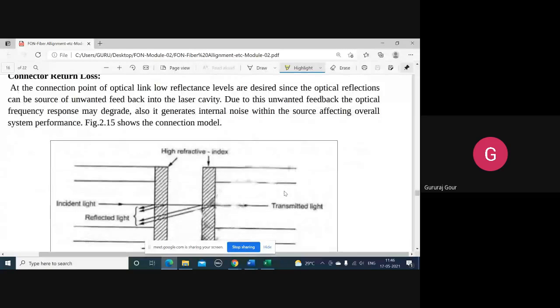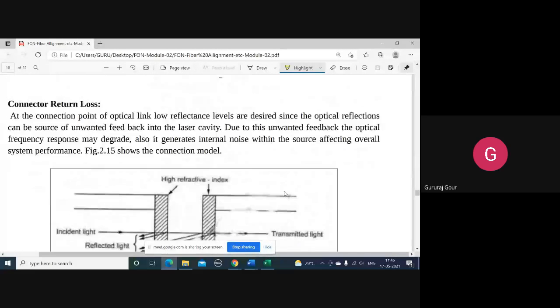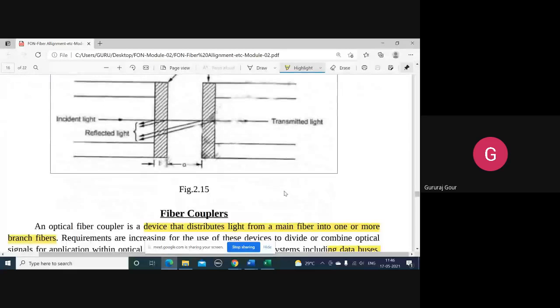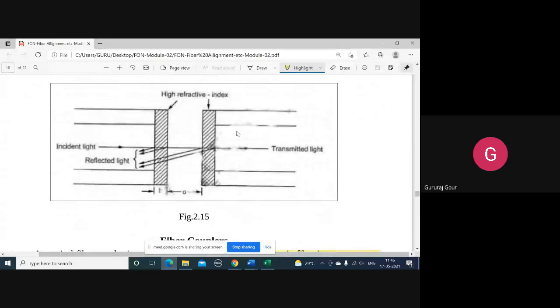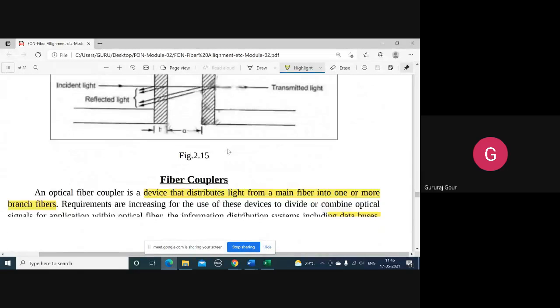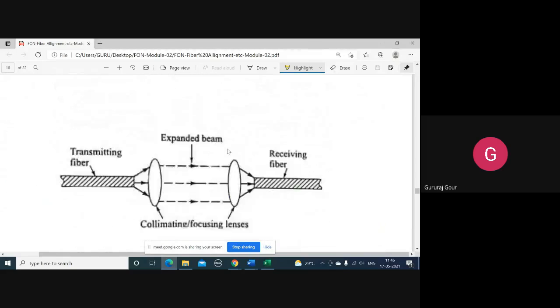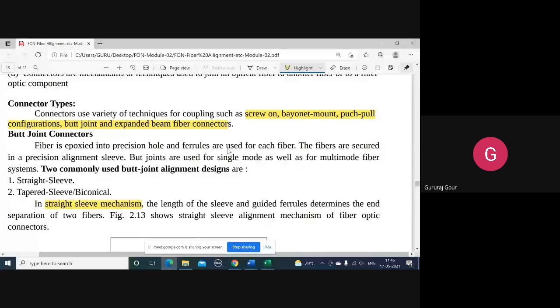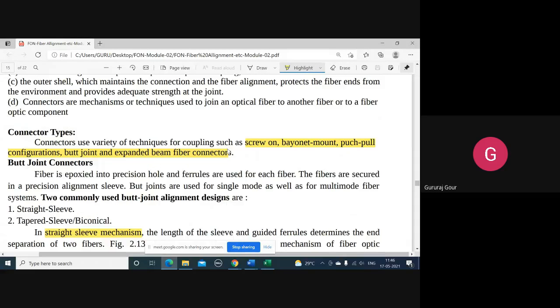So the connector return loss, because of some misalignment, will also occur sometimes, as shown in the figure. So this is all about the two types of connectors we have got, straight sleeve and tapered sleeve connectors, which come under butt joint connectors.